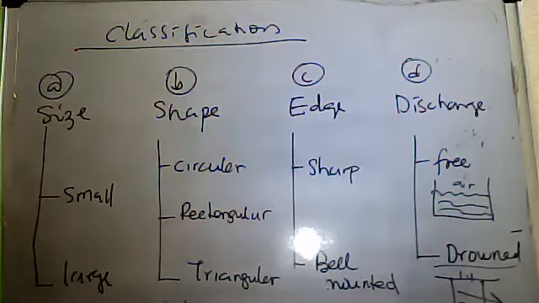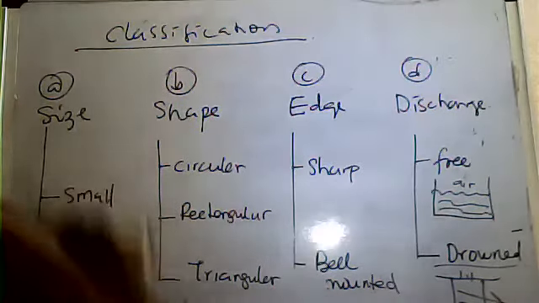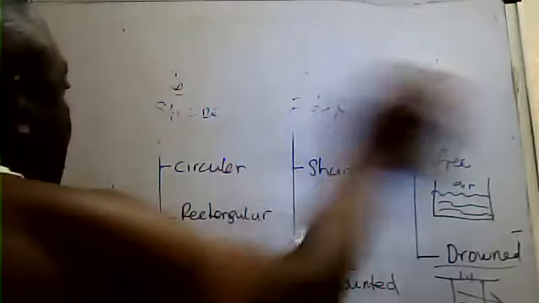So, with this definition, we can now go to the question. Okay? So the question says, a rectangular orifice 1.5 meters wide and 1.2 meters deep is fitted in one side of a large tank.